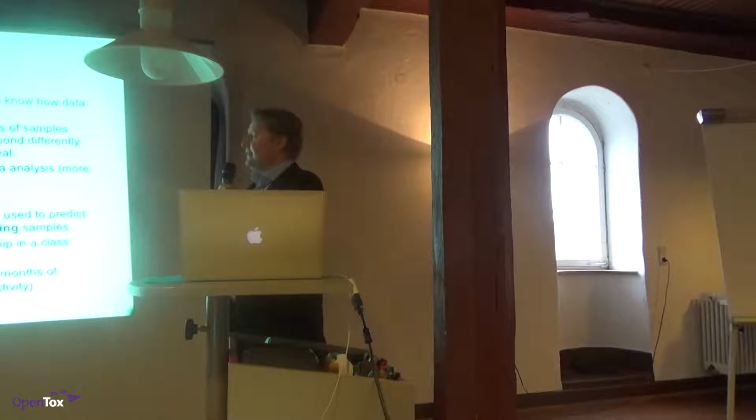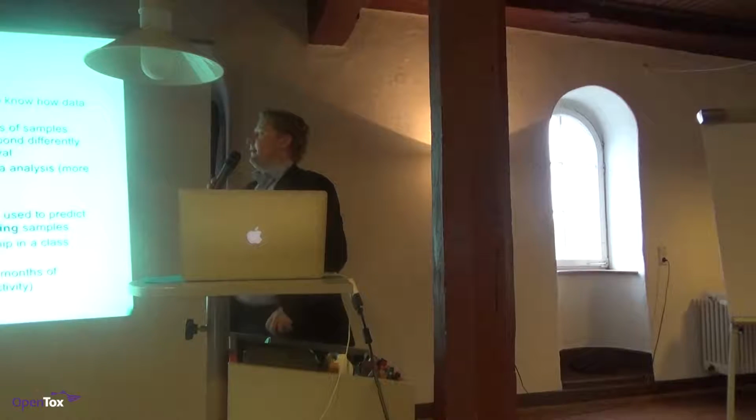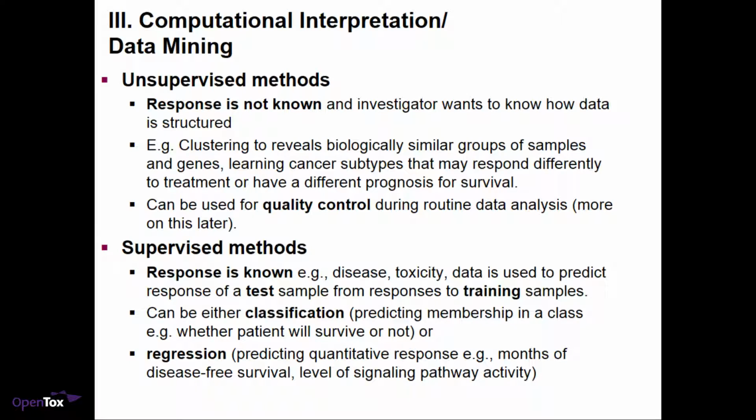And this is kind of a brief reminder of what kind of statistical methods exist. And I suppose if you're in the QSAR field, you know this already, but generally you have supervised and unsupervised methods. So unsupervised methods include clustering, principal component analysis, and such, which are used to discover new things about the data and new structures, and might be especially important when you're analyzing data to see if you have unknown experimental factors that you would need to take into account in the statistical analysis when you're building a linear model.